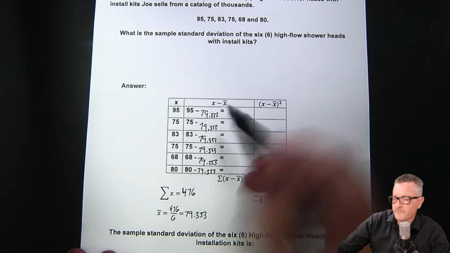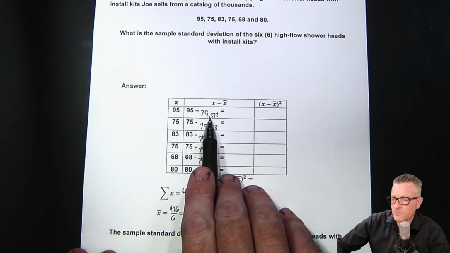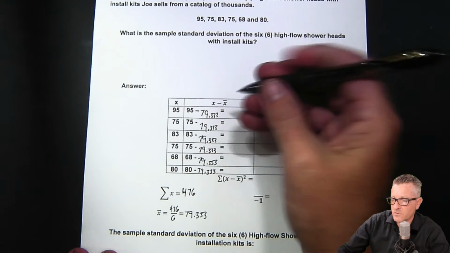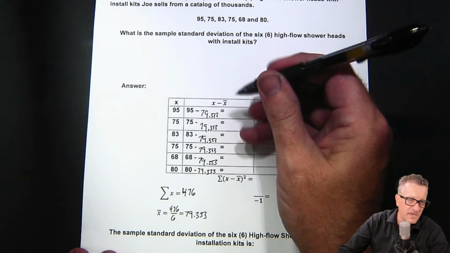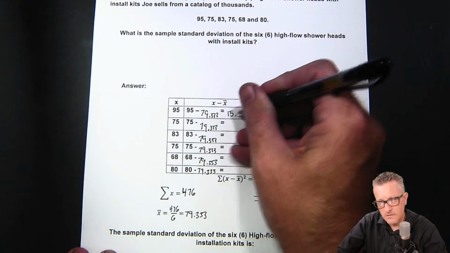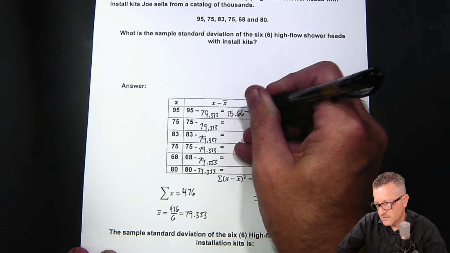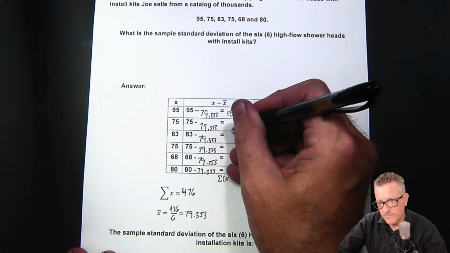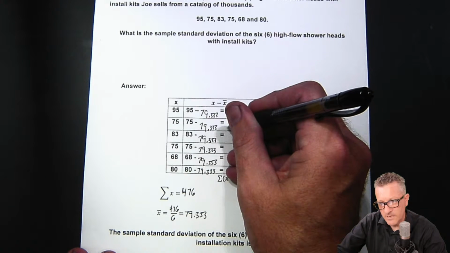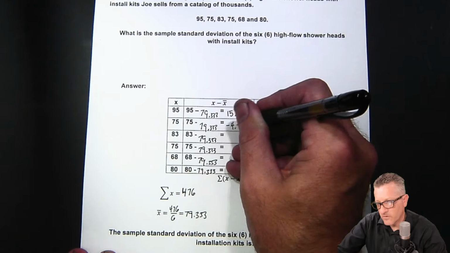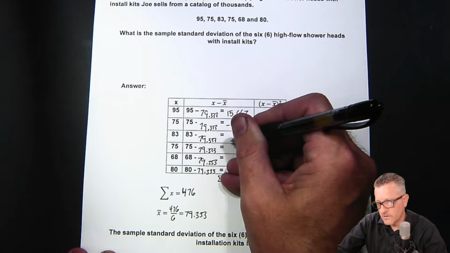Okay, so now what we'll do is we're going to subtract our sample mean from the observation for each one. And I already have this calculated. So this one is 15.667. I typically don't round, but I usually go out 3 or 4 decimal places. This is negative 4.333.